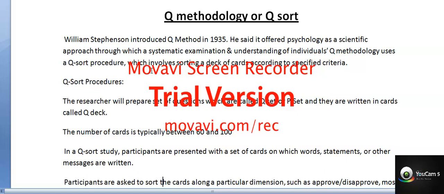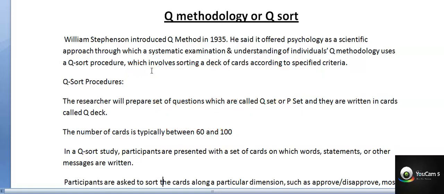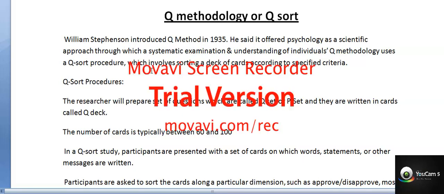So the Q sort procedure is nothing but, the researcher will select a topic, and as per the topic he will bring out a lot of statements or words or questions related to that topic, and he will prepare a lot of statements which is confirmed. We say it as Q set.